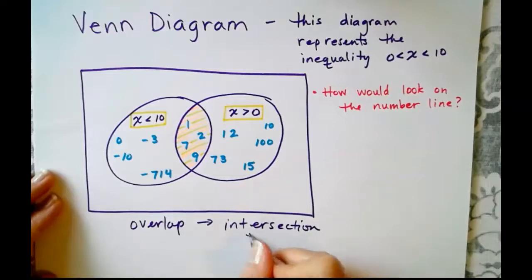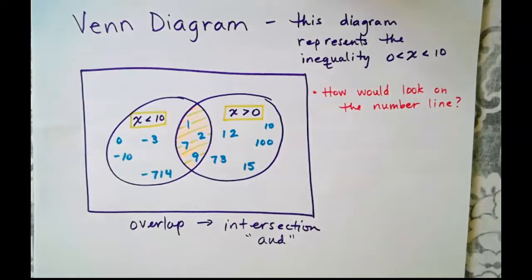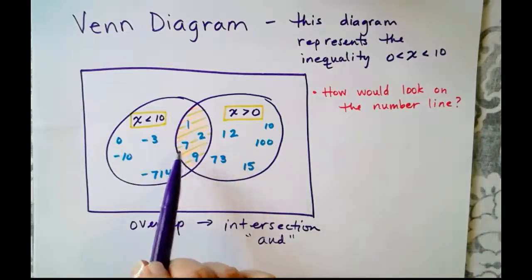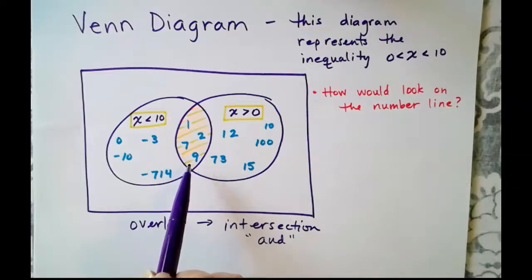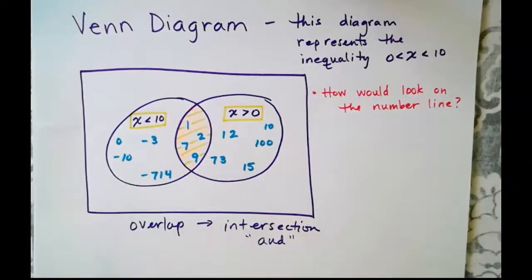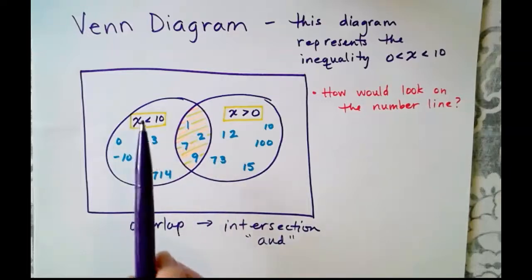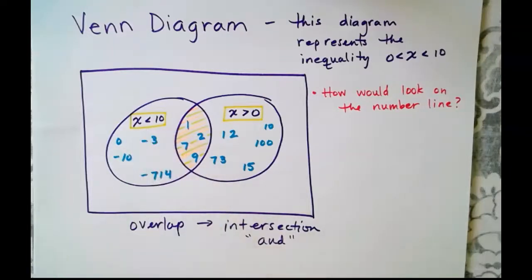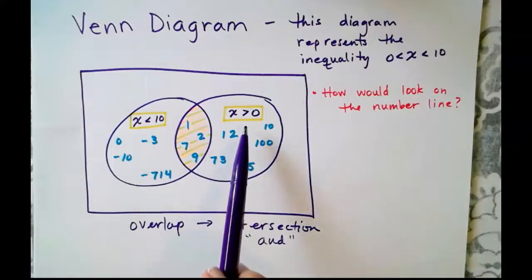And remember, intersection is going to use the word and to describe those values. 1, 2, 7, and 9 are in the intersection of the two sets. 1, 2, 7, and 9 are members of the first set, which is less than 10, and the second set, which is greater than 0.